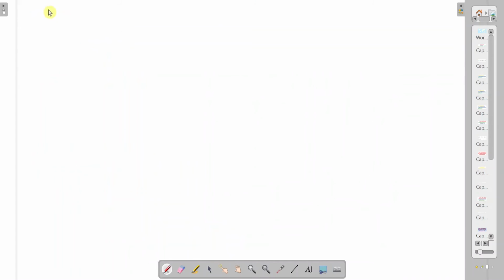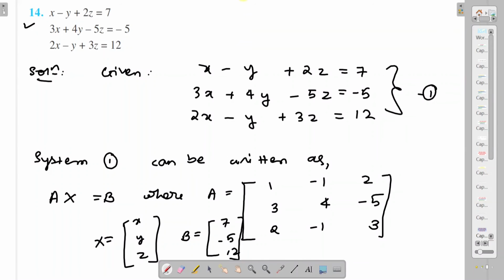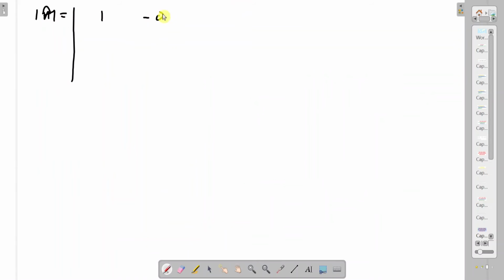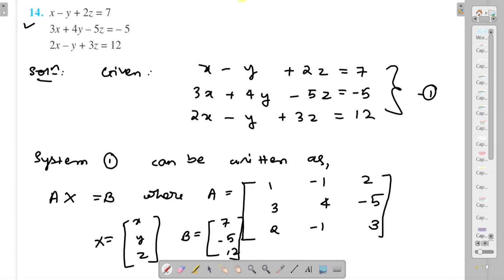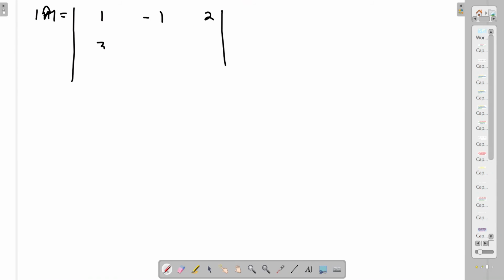Okay, now let us find the determinant of A. Determinant of A will be what? Determinant of 1 minus 1 2, 3 4 minus 5, 2 minus 1 3.